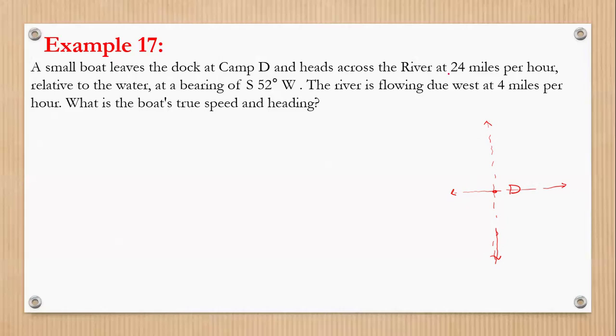Remember that 24 miles per hour is the magnitude of the vector. And the bearing is S 52 degrees W. That means the angle this creates is with the S, with this line. That's a 52-degree angle on the west side. So the west side of this line is this part, and the angle in between is 52 degrees.